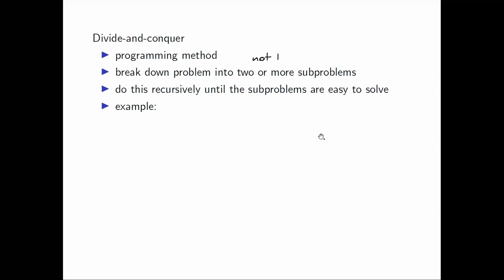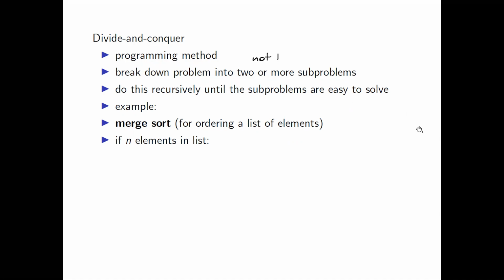And one example of this is merge sort, which you probably have seen before if you are a computer science major or if you've taken some computer science courses. So in merge sort, you are given some list of elements and you want to sort them into the correct order.